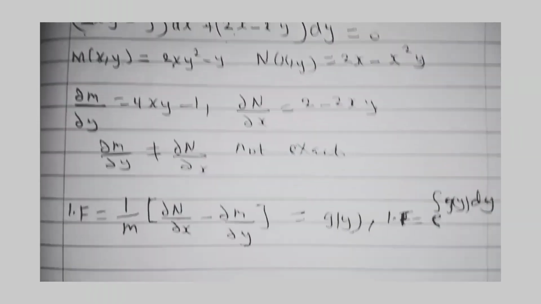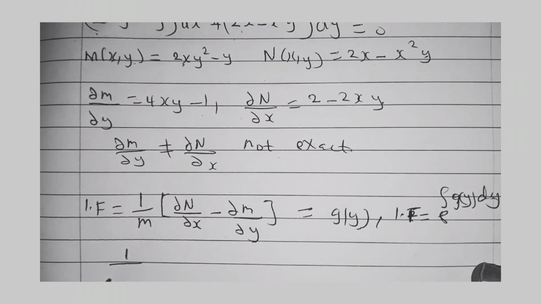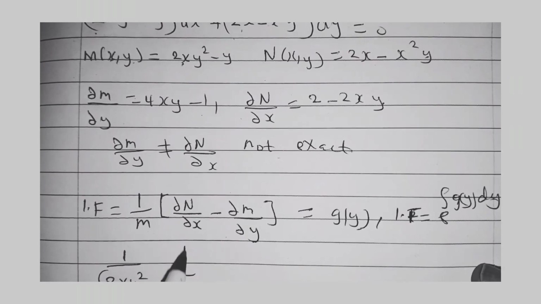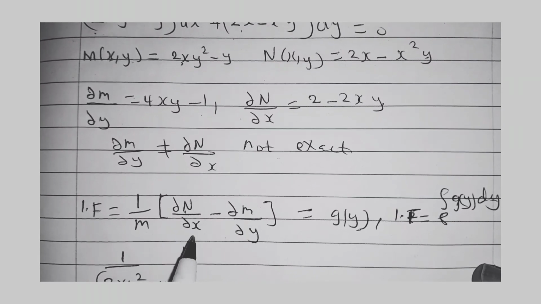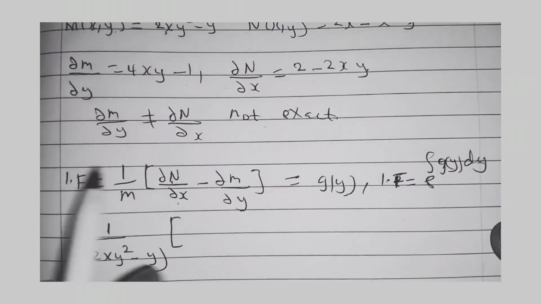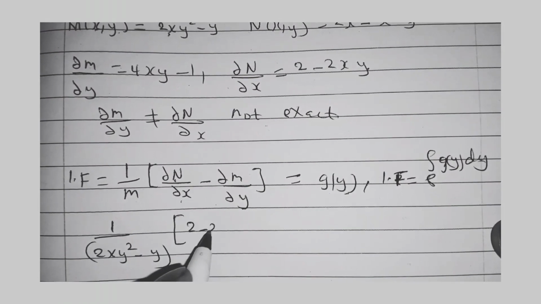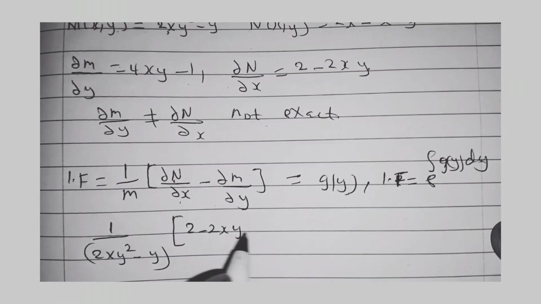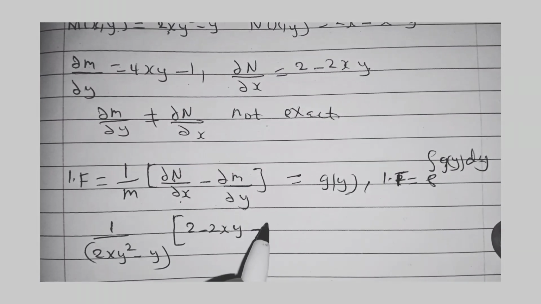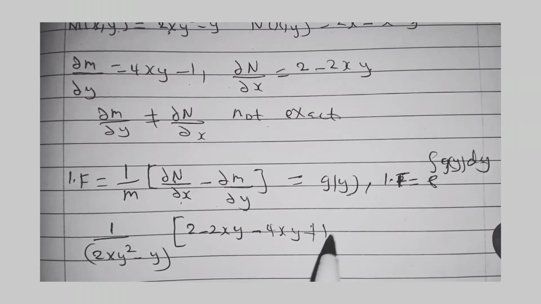dy. So we start here, our M is 2xy² − y. Our partial of N with respect to x, we have found here, it is 2 − 2xy, minus our partial of M with respect to y, we have found it to be 4xy − 1, and minus will give us plus 1.